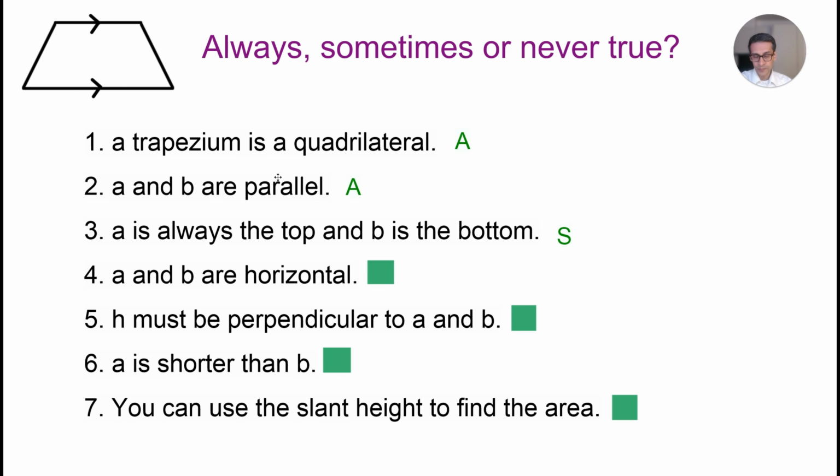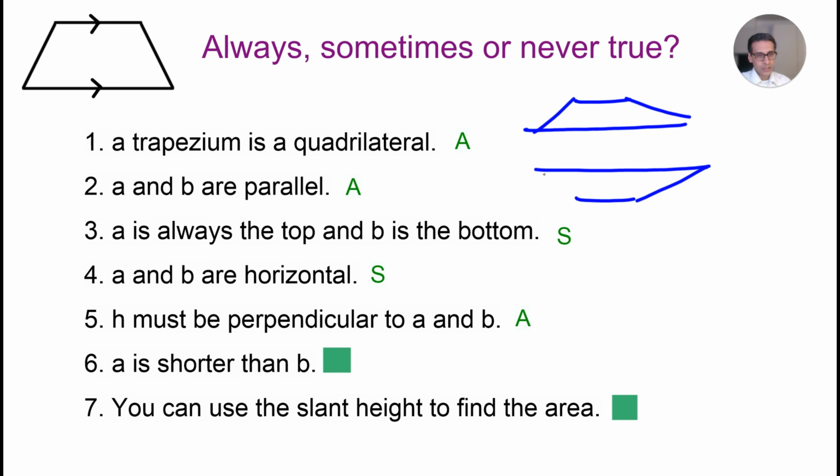A and B are horizontal. Remember, you can have trapeziums that are at an angle like this, with the two parallel sides being vertical. So sometimes they are horizontal, sometimes they're vertical. H must be perpendicular to A and B. This is definitely always true. A is shorter than B. Now this doesn't necessarily have to be true because, for example, if A was the top, it might be the shorter side.